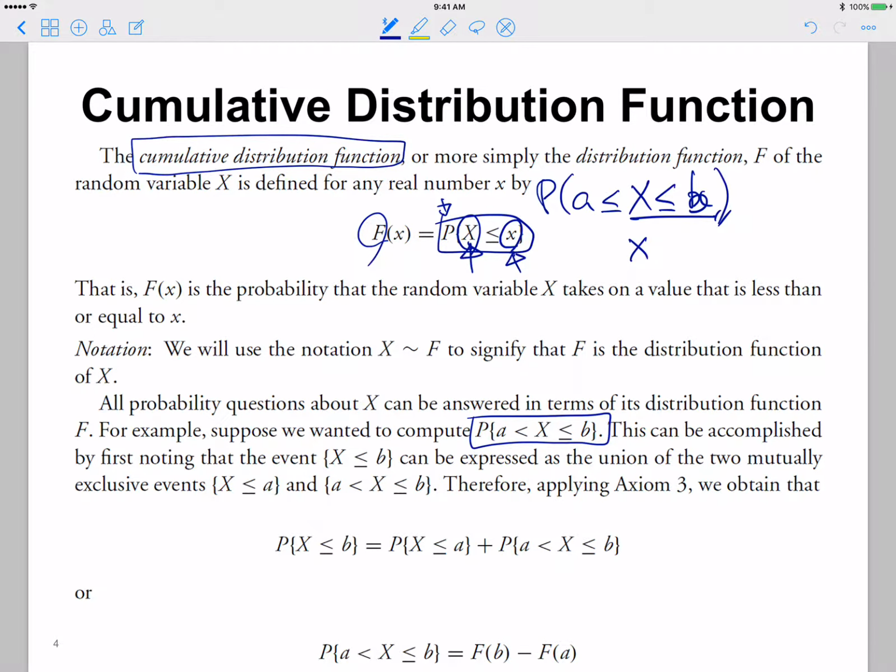Then we can represent this probability by using this cumulative distribution function, which is F(b) minus F(a), right? Yep. So that is the simple derivation for this.